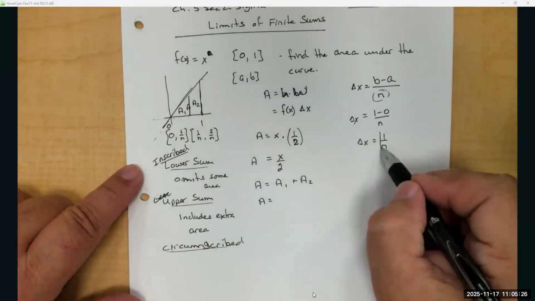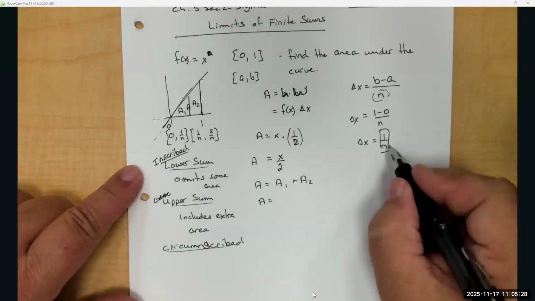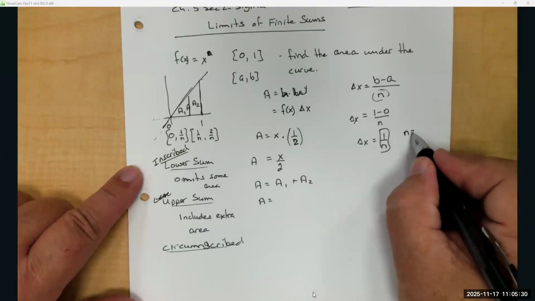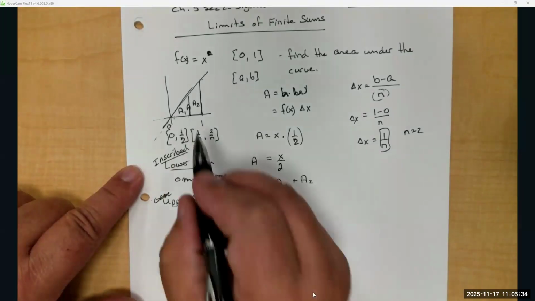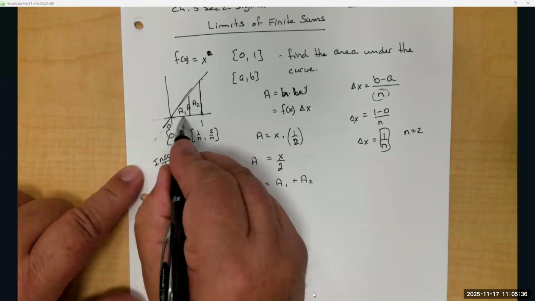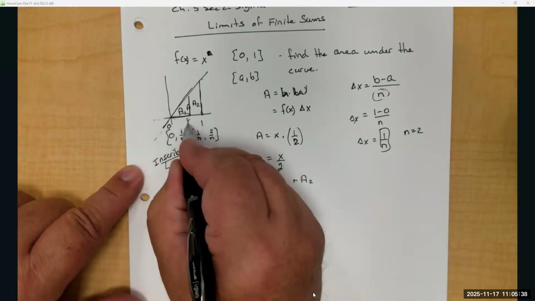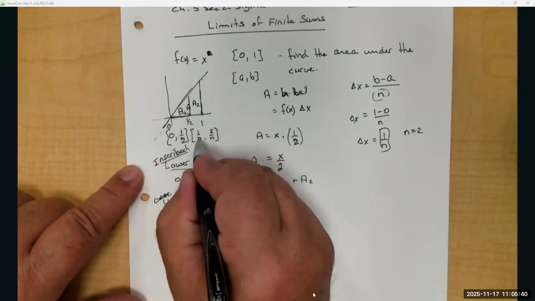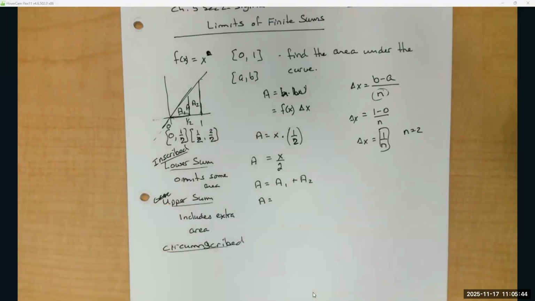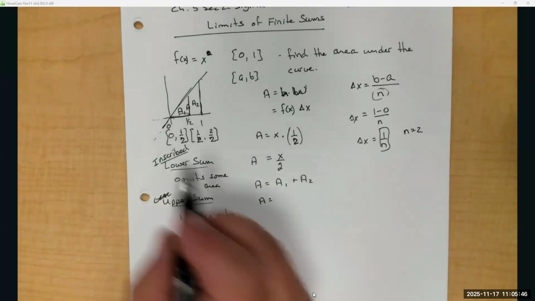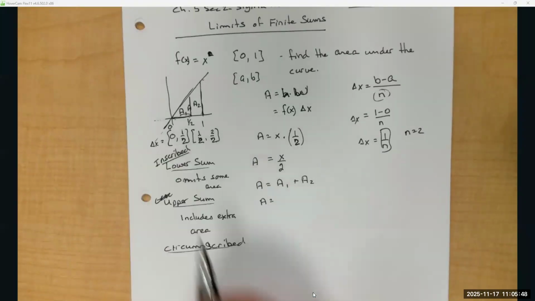So that's our delta x. Since we said we wanted n to be 2, this first one's going to be 1/2. That's the first interval, starts at 0 and goes to 1/2. Then the next one starts at 1/2 and goes to 2/2, which is 1. So this is my delta x aspect of it.